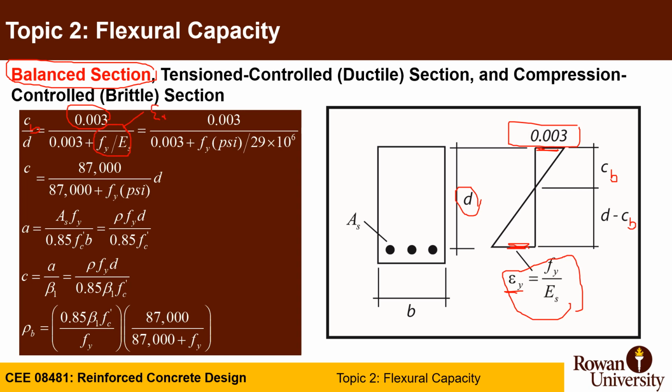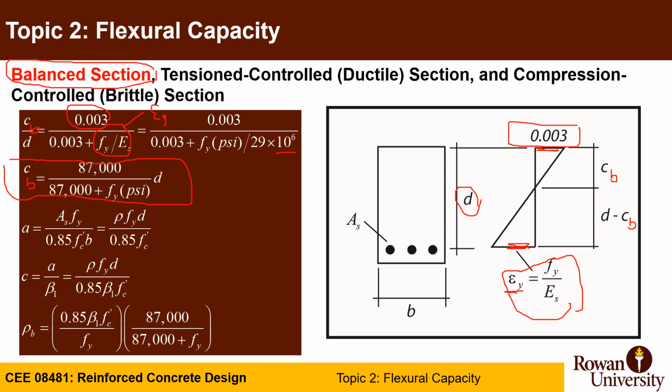If you rearrange it, it is 0.03 divided by 0.03 plus F yield divided by 29 times 10 to the power 6. So C balance can be calculated as 87,000 divided by 87,000 plus F yield times D.